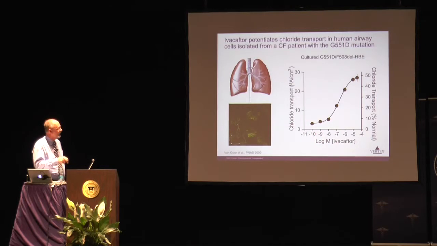In this graph, in concentrations of Ivacaftor that go down from here, at about micromolar or submicromolar concentration, we're actually getting chloride transport across actual human lung cells cultured from a G551D patient.